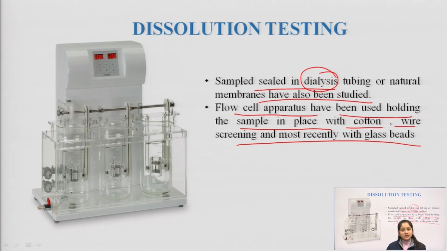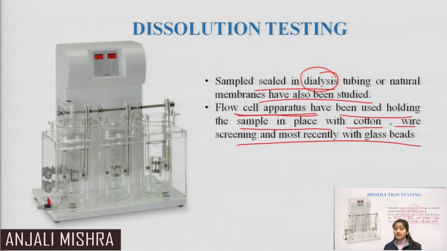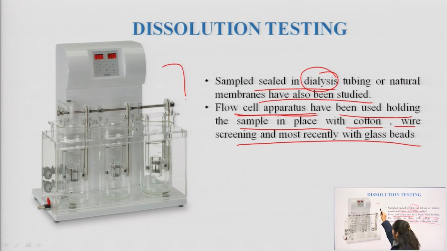To study the dissolution parameters of suppositories, we even employ the flow cell apparatus. This is a very simple dissolution apparatus, which is used to study the dissolution test of a particular suppository.